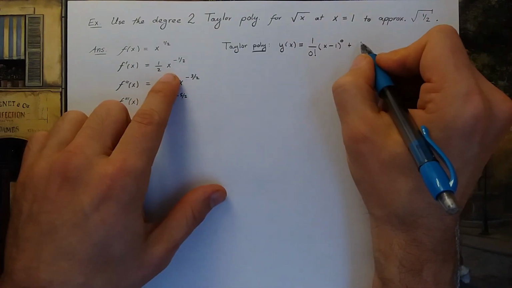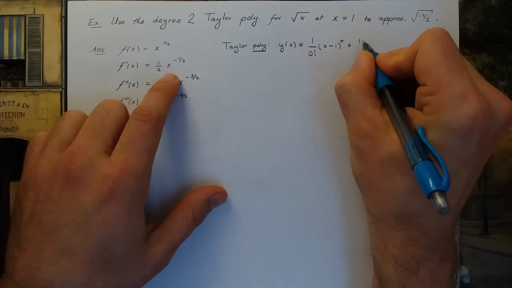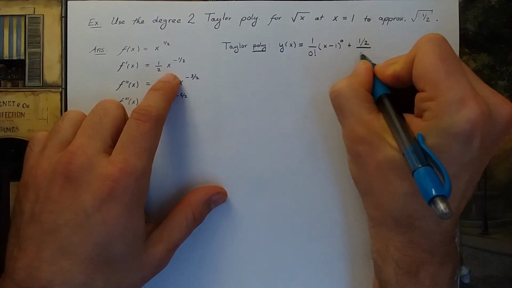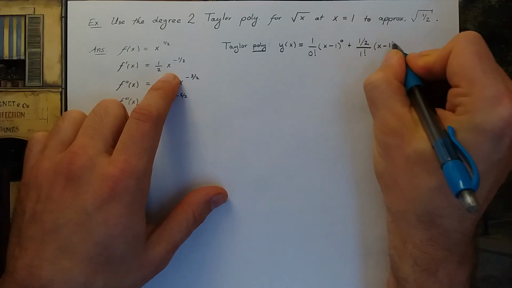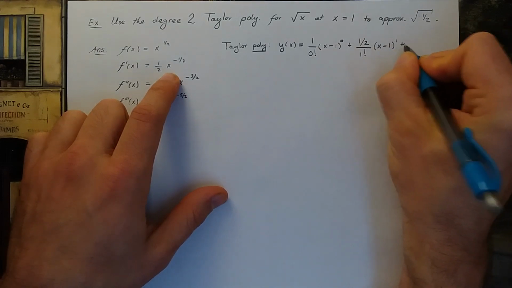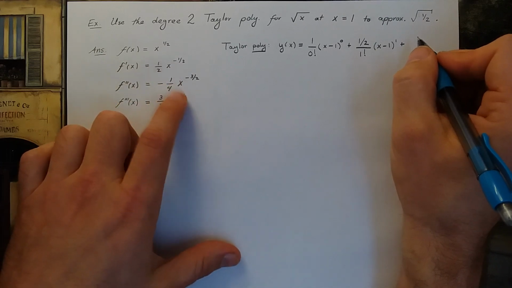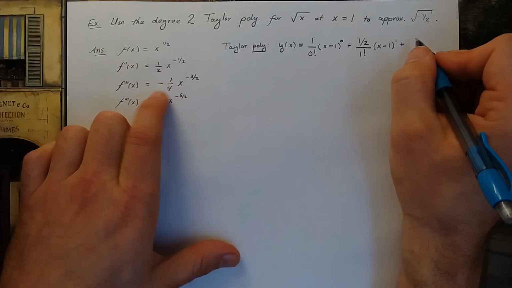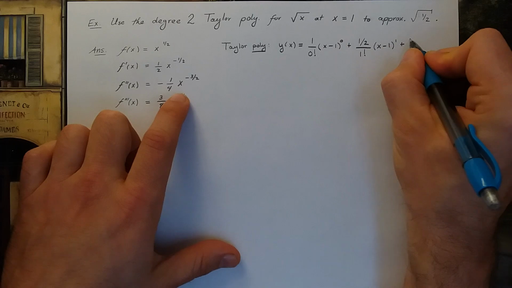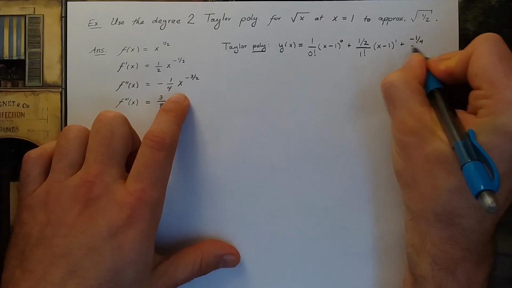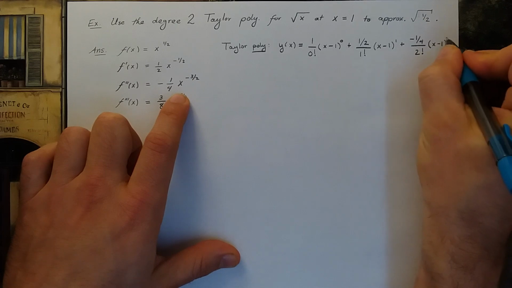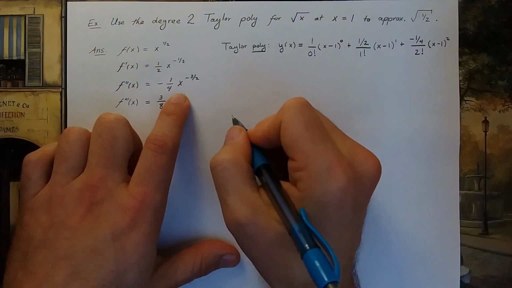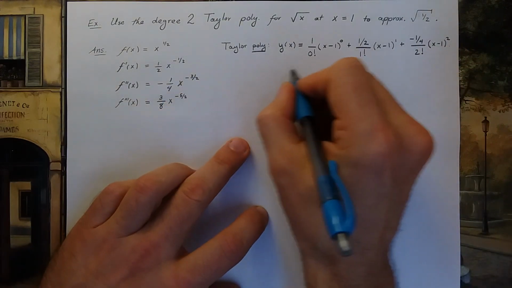Plus, plugging in 1 for x here gives me 1/2 over 1 factorial, x minus 1 to the first. And then plugging in 1 to the second derivative gives me negative 1/4 over 2 factorial, x minus 1 squared. So that's my Taylor polynomial.